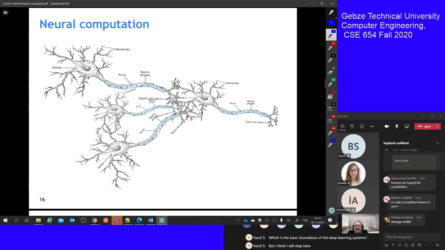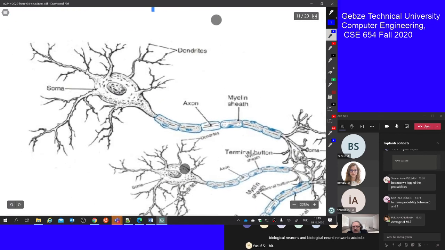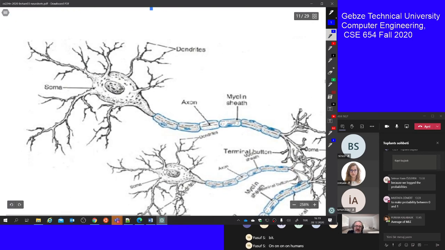Maybe I should talk about biological neurons and biological neural networks a little bit. In humans or many animals' brains, they have these neural cells.